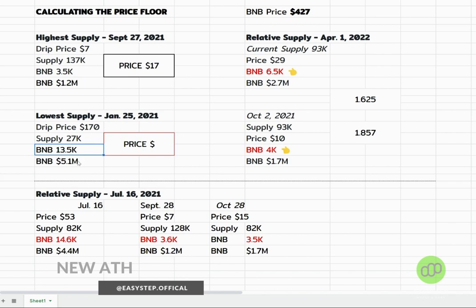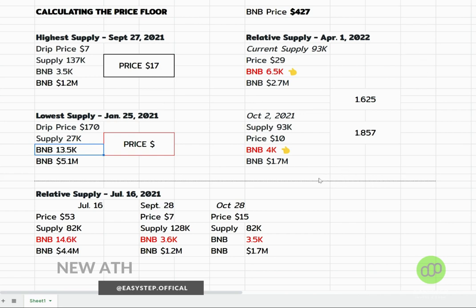Once we get this ratio from these two BNB balances, we're going to multiply that ratio by the current BNB balance, because this is our price floor, to give us a new BNB balance, and to get the BNB value, and then multiply that value by the DRIP supply of the current all-time high to get the price for the future all-time high.